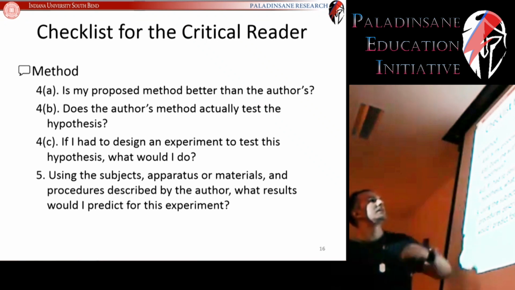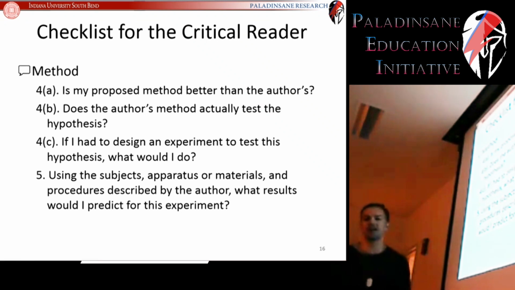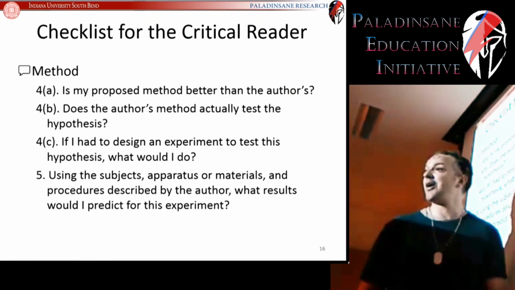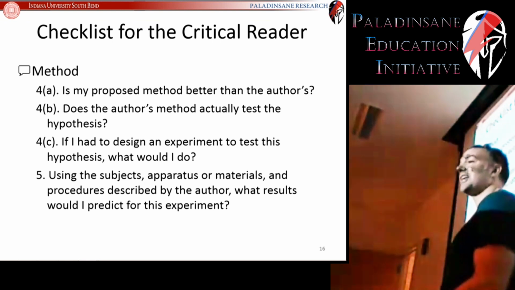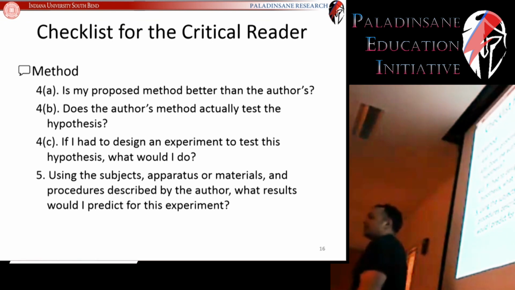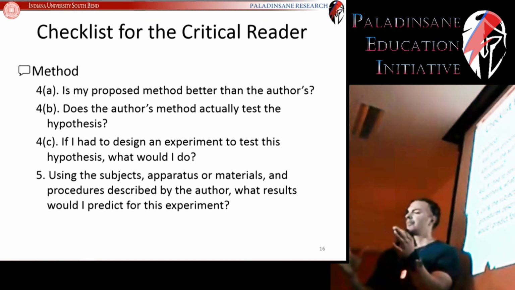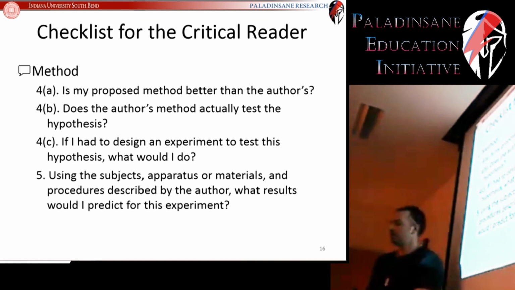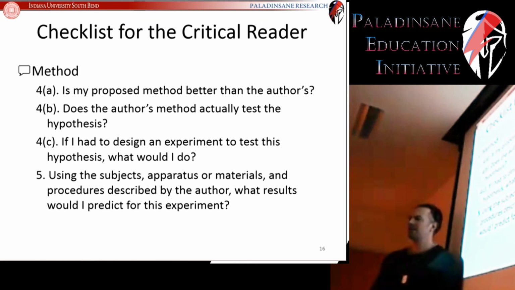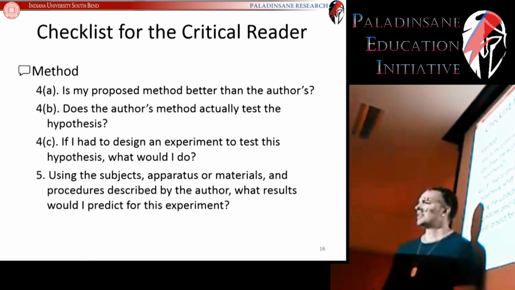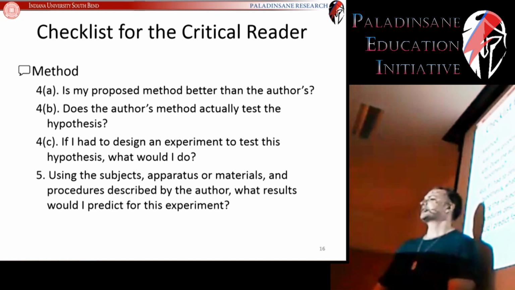Number two, does the author's method actually test the hypothesis? You would be surprised how often this is not the case. The authors might say something like, we're going to test memory in groups. And you get to the method section and you're like, you're not testing memory, you're testing confidence. You're asking them about confidence.